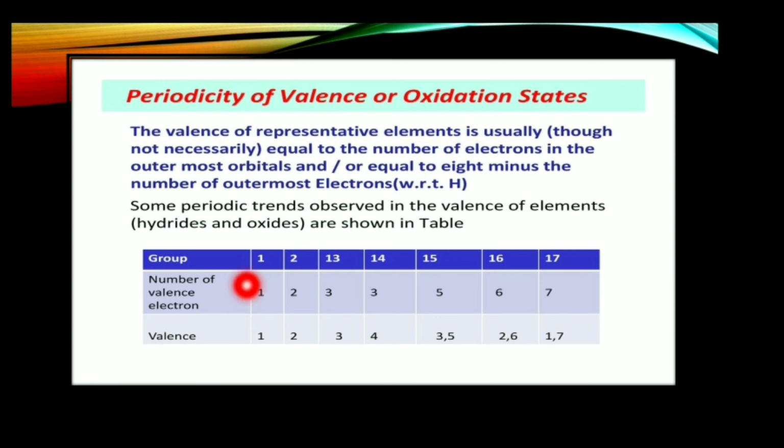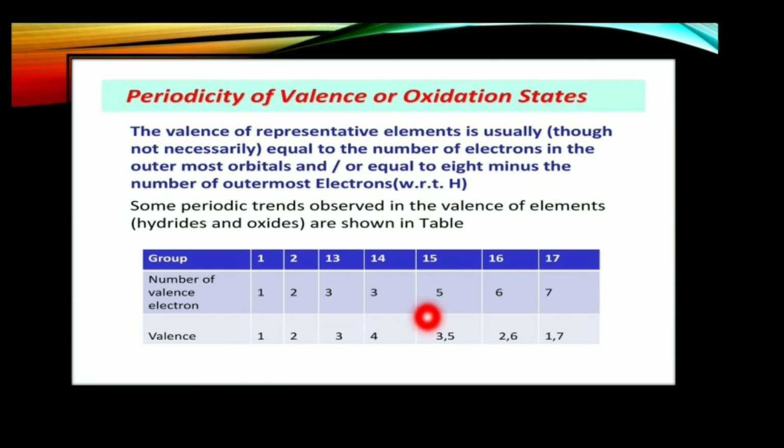Then in the case of the oxygen scale, valency goes on increasing, so valency or combining capacity also increases. 1 to 4 it already increases. Then the 15 family elements show 5, 16, 6, 17, 7, and 18 group 8, it is completely stable, so they can be taken as valency 0 for the noble gases or the 18 family elements.